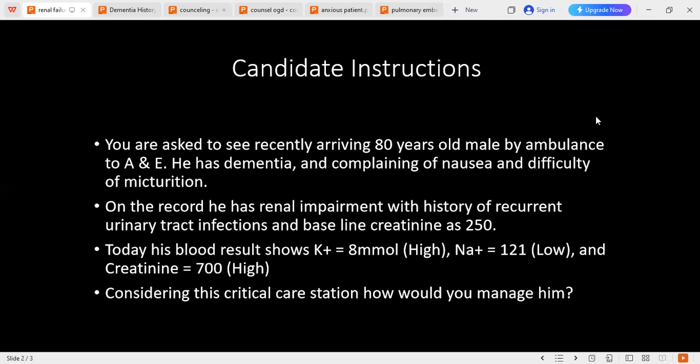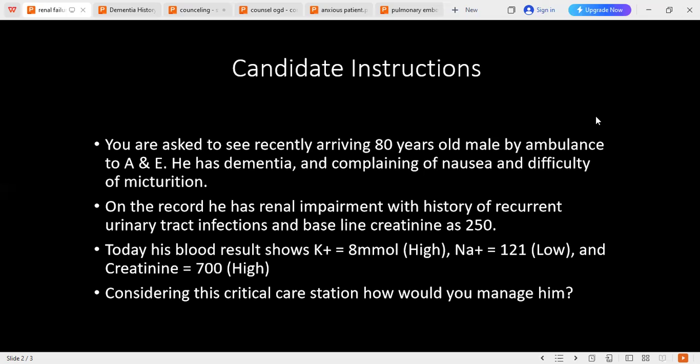Then I will give salbutamol nebulization or IV infusion. Then I will give calcium resonium 15 grams per hour or 30 grams per rectum.